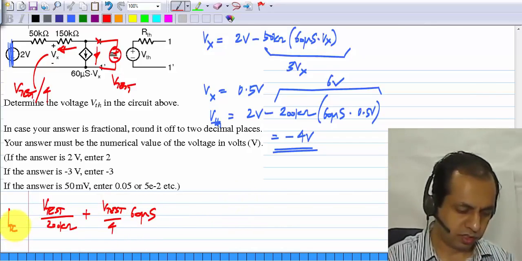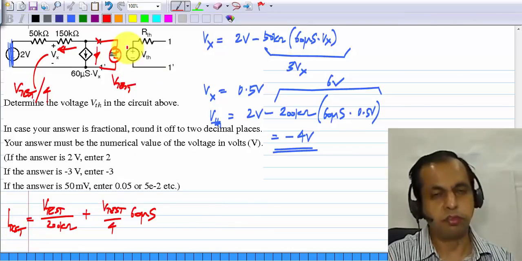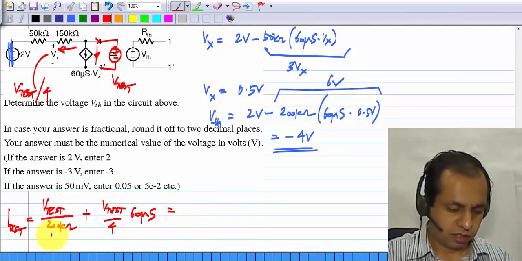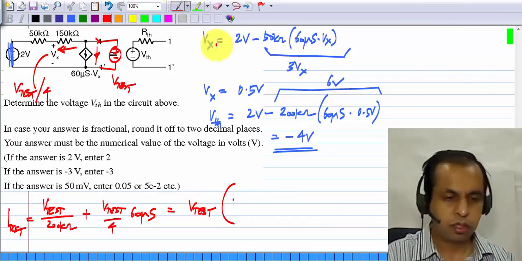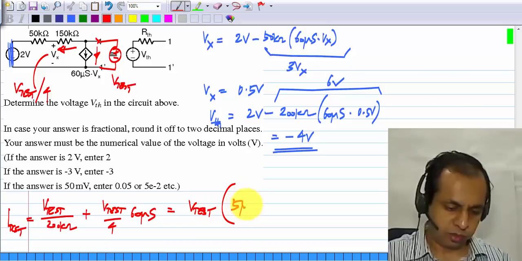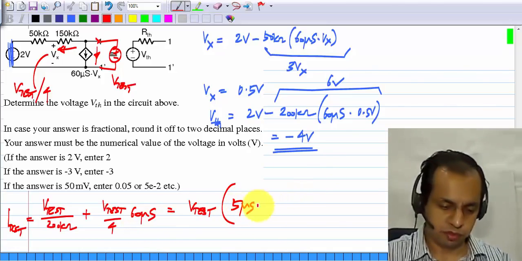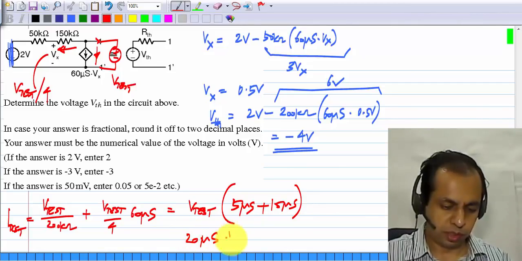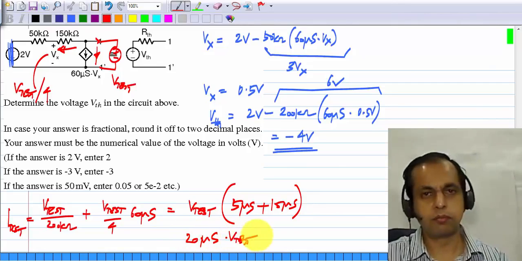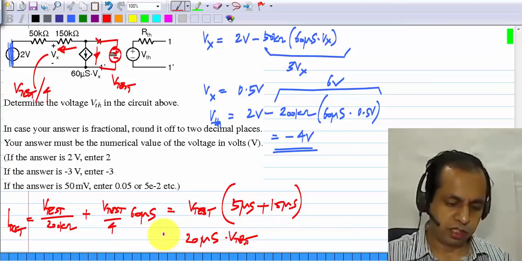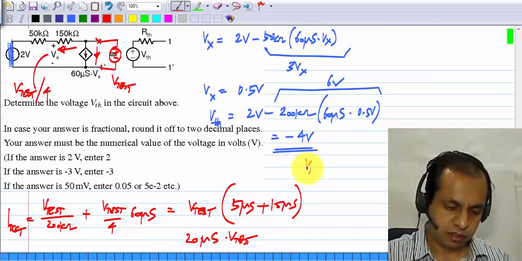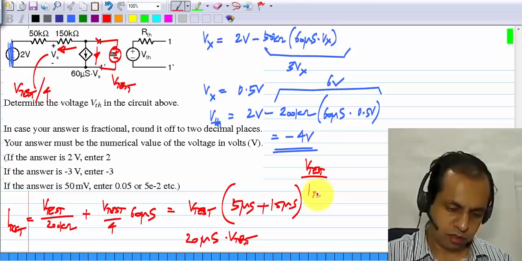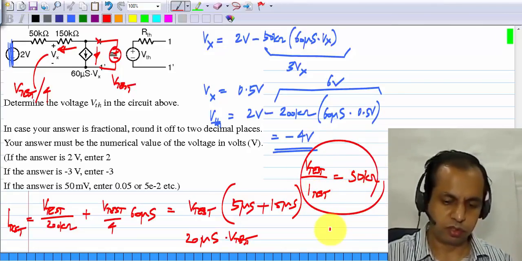This whole thing is the current that flows out of the driving source, and this is equal to V test times 1 by 200 kilo ohms, which is 5 microsiemens, plus 60 microsiemens by 4, which is 15 microsiemens. So the total is 20 microsiemens times V test, and V test by I test is 50 kilo ohms. Okay.